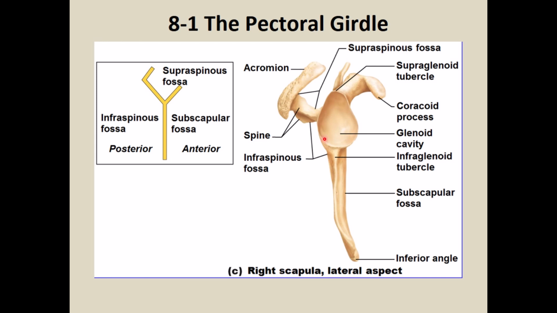The posterior surface is separated by the spine into the supraspinous fossa and the infraspinous fossa. The coracoid process is located anteriorly, and the acromion is located posteriorly.